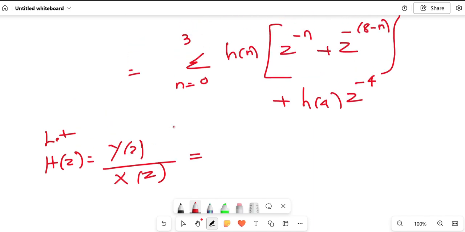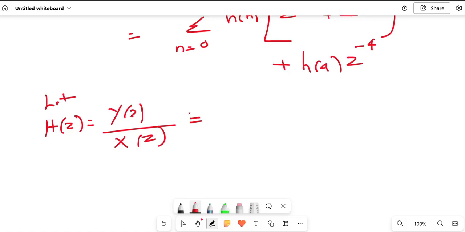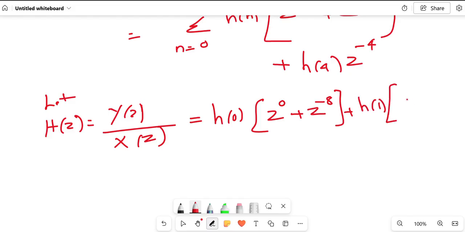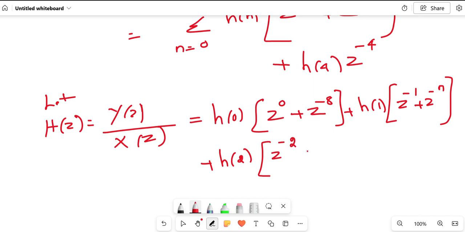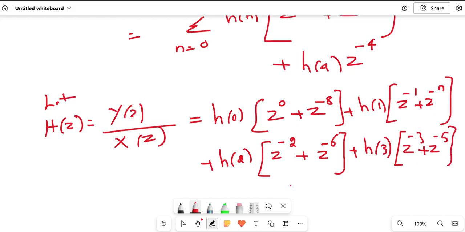We need to know h(n). It is equal to h(0) into z^0 plus z^-8, plus h(1) into z^-1 plus z^-7, plus h(2) into z^-2 plus z^-6, plus h(3) into z^-3 plus z^-5, plus h(4) into z^-4.